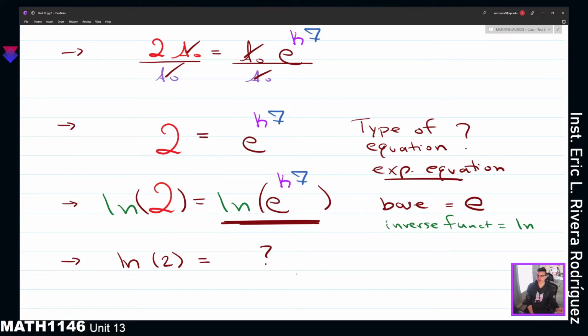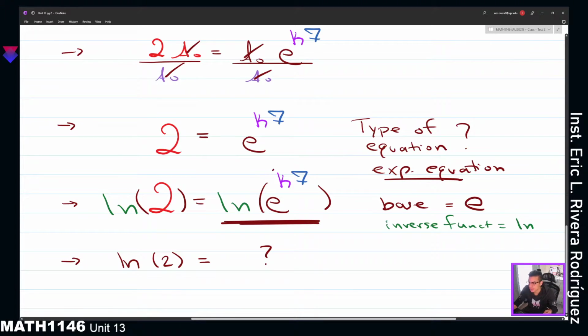More specifically, think of the power property of the logarithmic function and think of natural log and e. 7 out in front. Okay. 7 and k. The entire exponent goes in front.